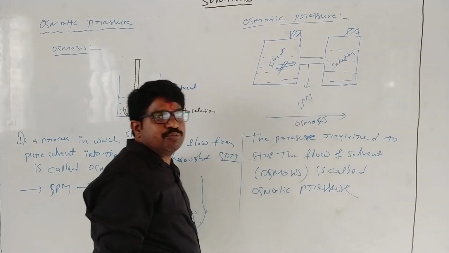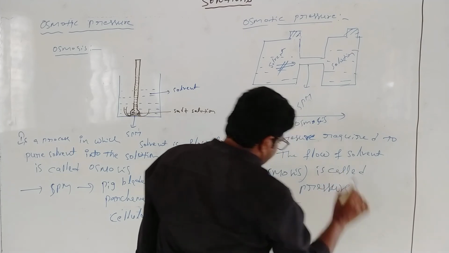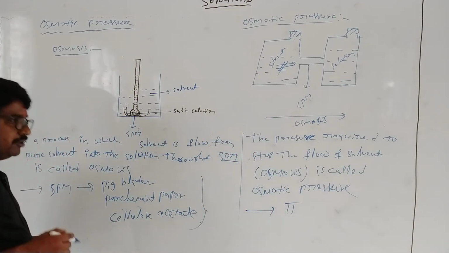Generally, osmotic pressure is denoted with pi.